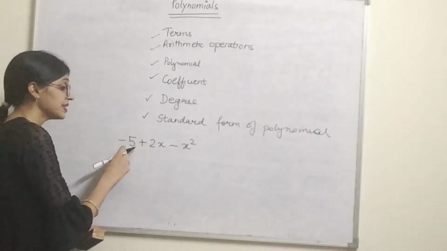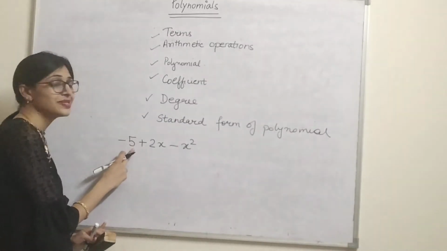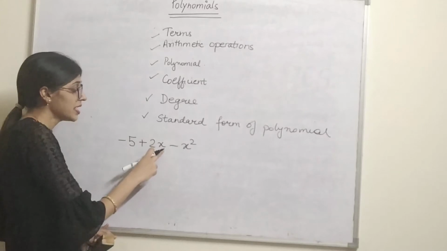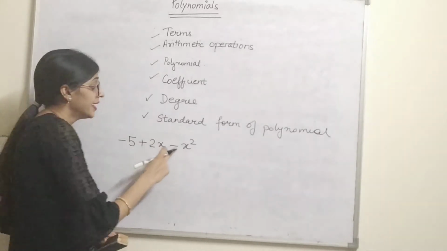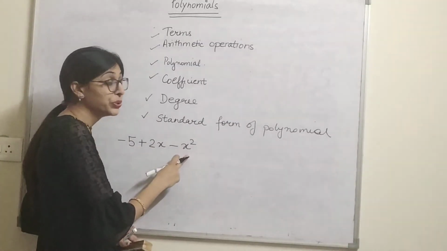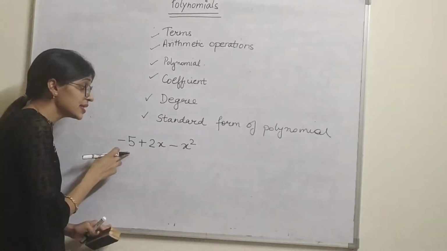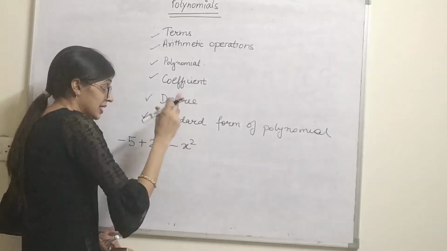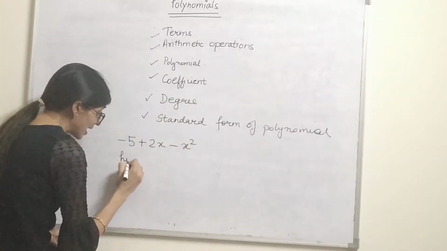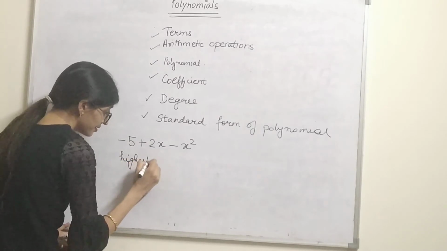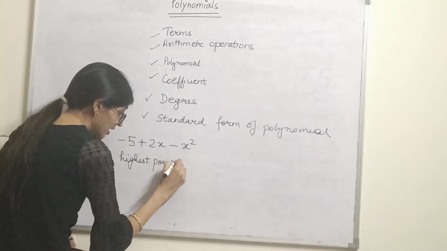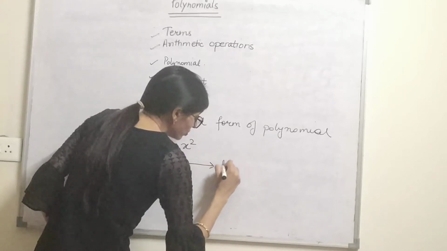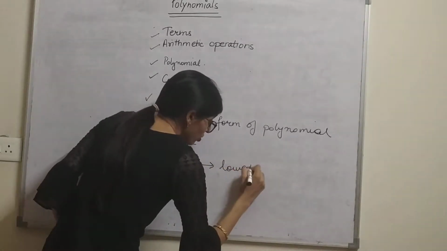Here there is no x, so this is the smallest power. Here x power 1. Here x power 2. Which is the highest power? 2. Starting from the highest power, you have to move to the lowest power.